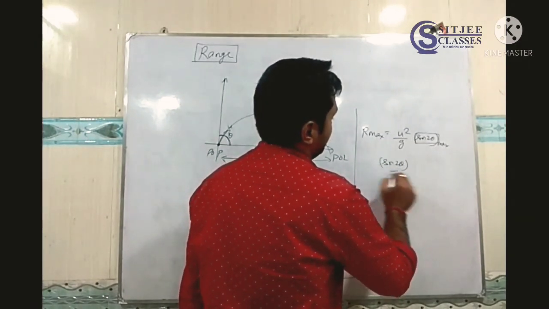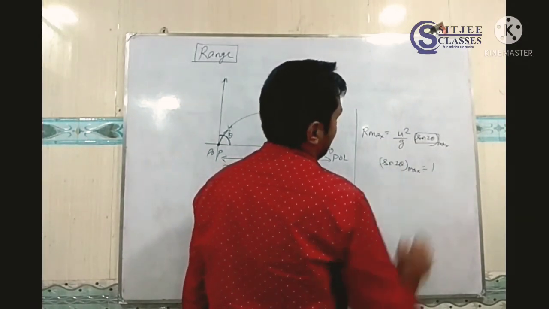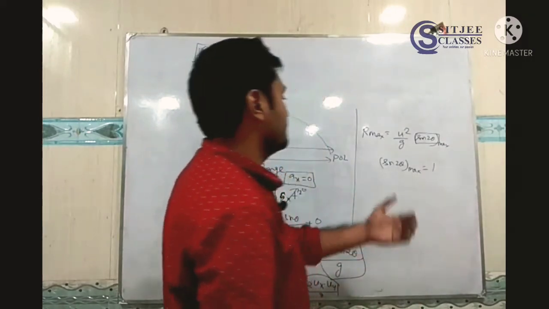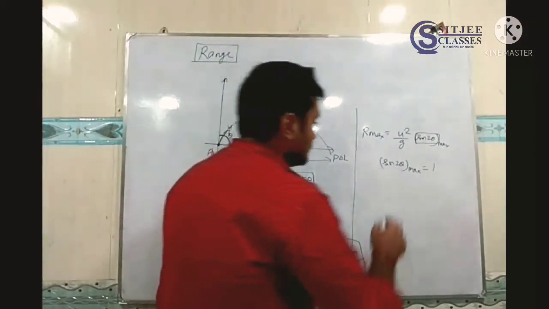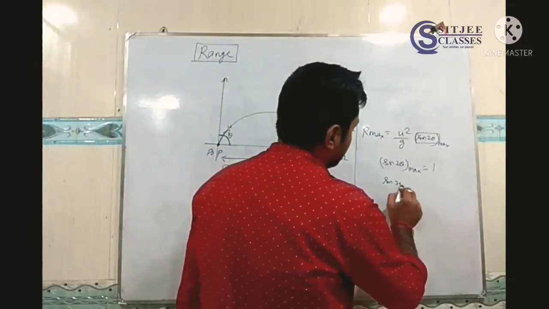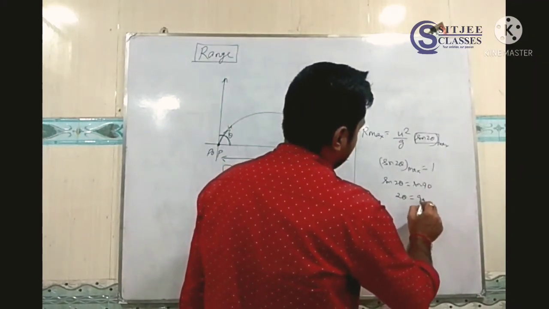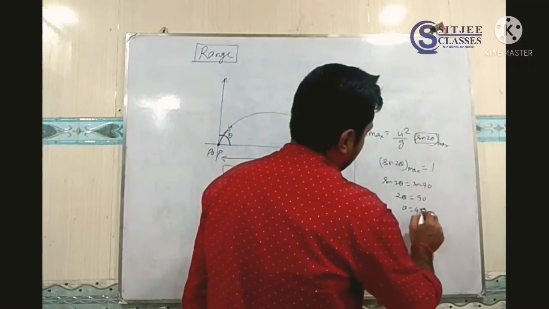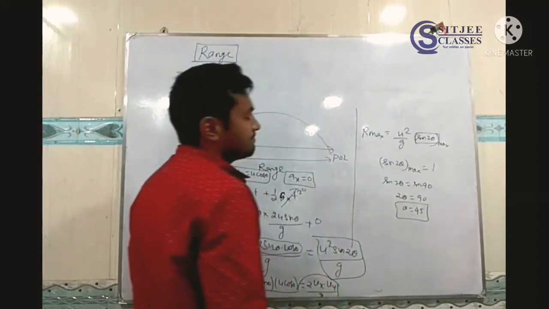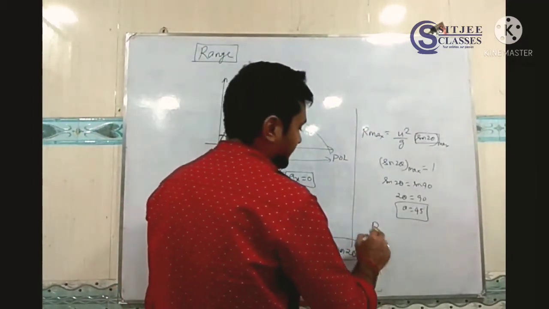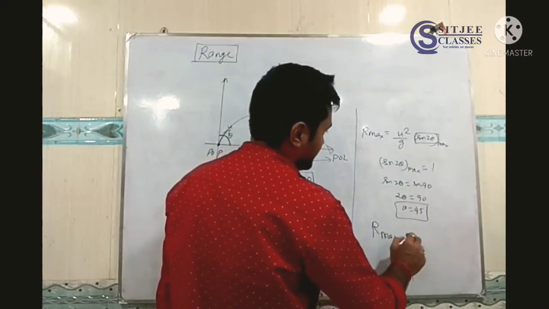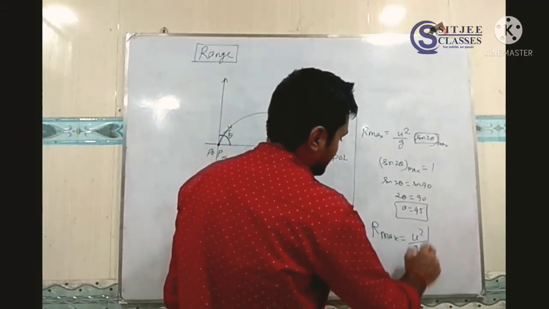Sin 2 theta maximum value is 1, because the sin range is -1 to 1. In that case we can write sin 2 theta equal to sin of 90 degree. So 2 theta is 90, theta is 45 degree. It means at theta 45 degree, R is maximum, which is U square by G.